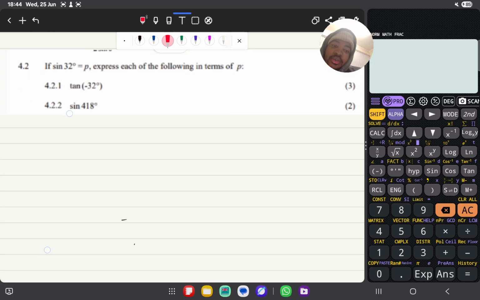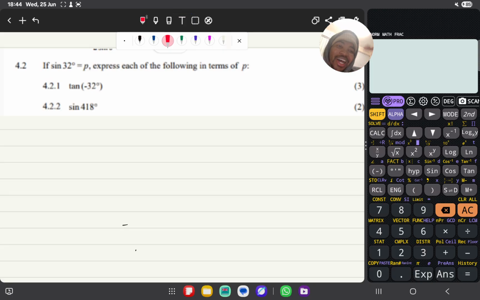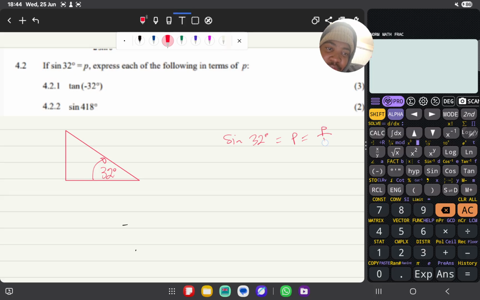For this one, we're going to answer it the way I thought we would answer the first one. They are saying sine 32 degrees is equal to p. First things first, you need to draw your triangle and say this angle is 32 degrees. Sine 32 degrees is equal to p divided by 1.